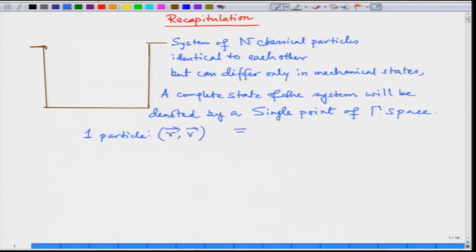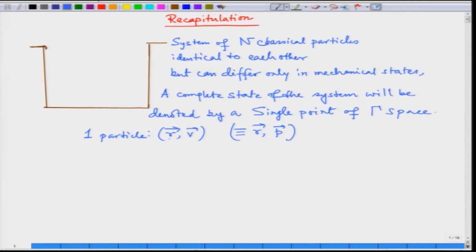This is also equivalent to what I used in Liouville's theorem in the last lecture, the Hamiltonian formulation, where I had to use r and p, where p is the momentum. For the non-relativistic case they are very similar. So, you can simply write r and v for one particle in phase space.